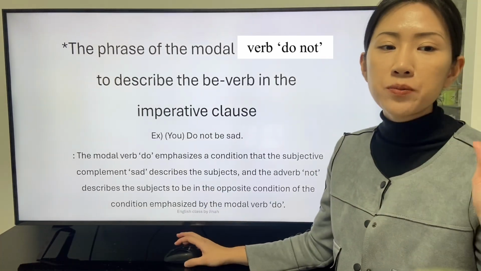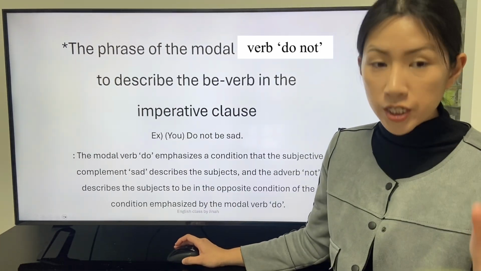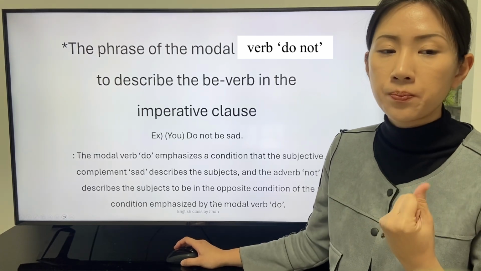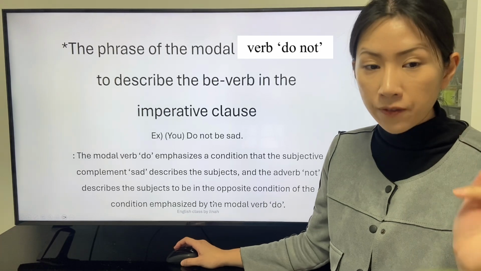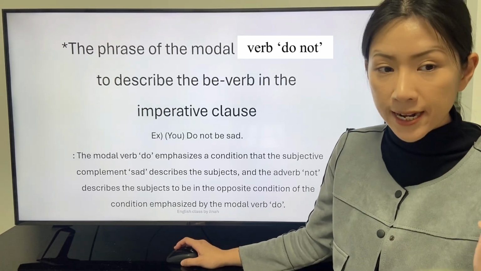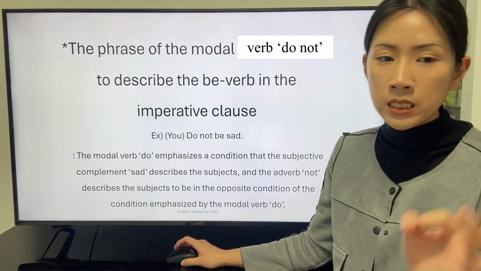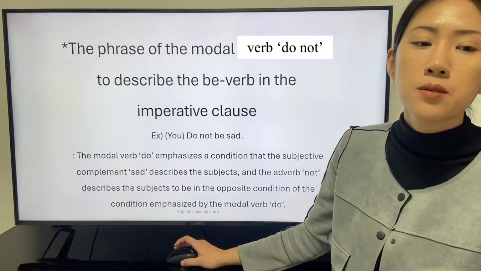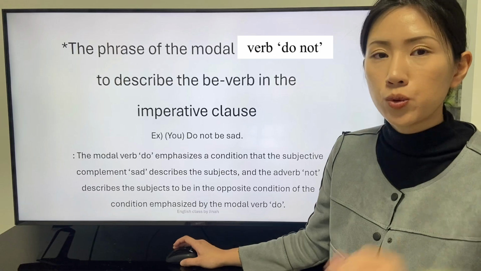The modal verb do emphasizes a condition that the subjective complement set describes the subject. And the adverb not describes the subject to be in the opposite condition of the condition emphasized by the modal verb do.